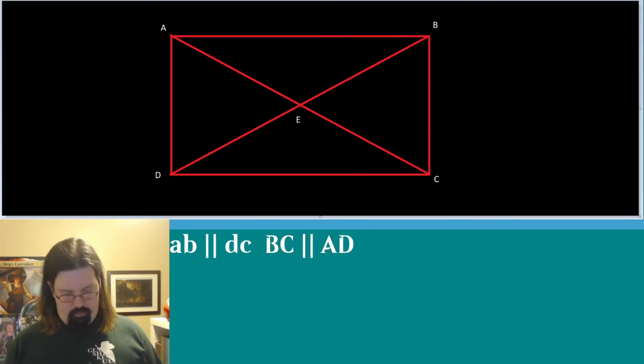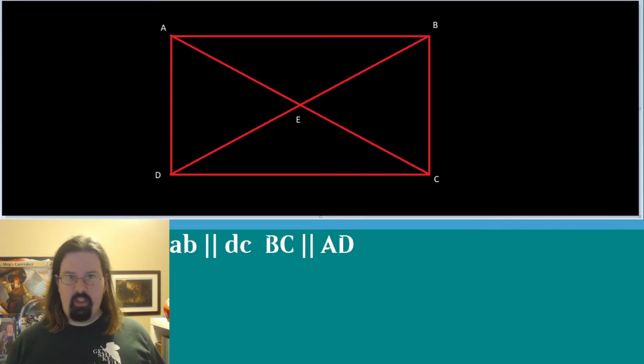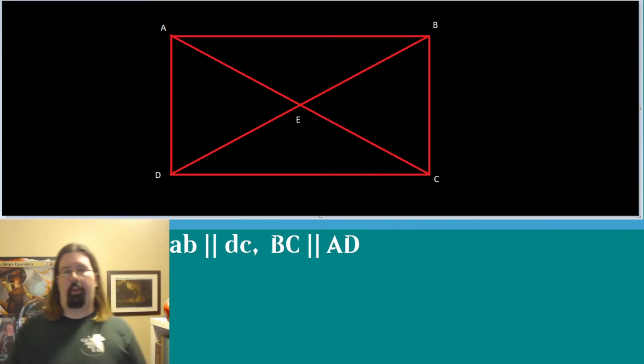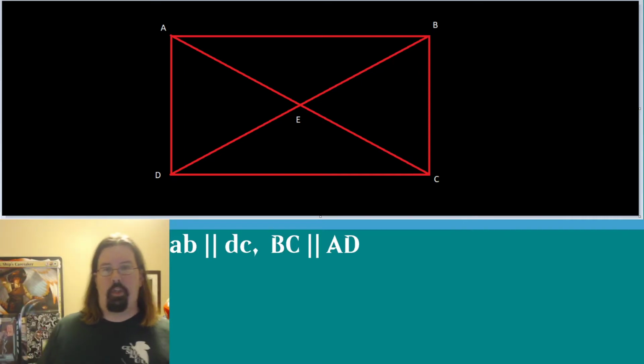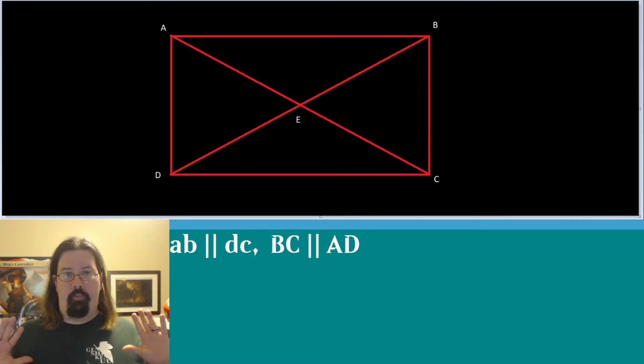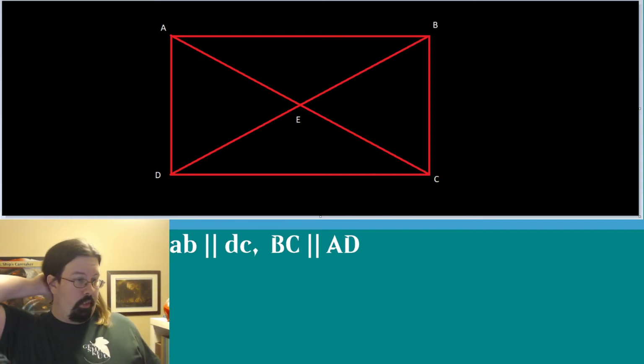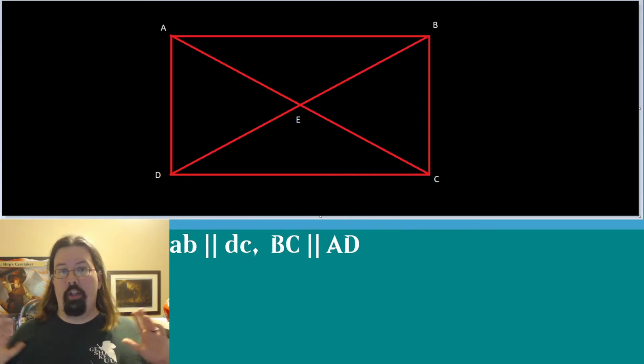Let's actually make there be a comma there. So AB is parallel to DC, BC is parallel to AD. So that's the definition of a parallelogram. Okay? So what we want to do is prove that our sides are congruent. They're not just parallel, but congruent.